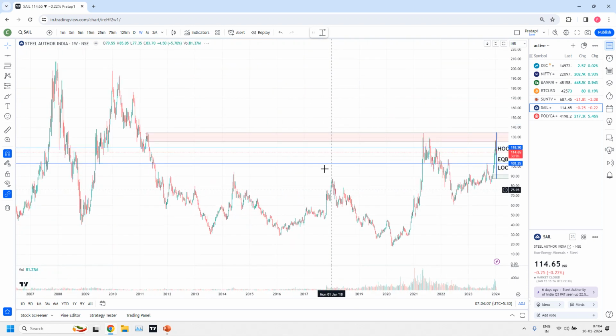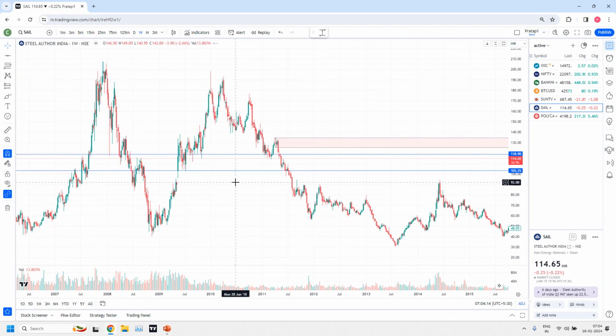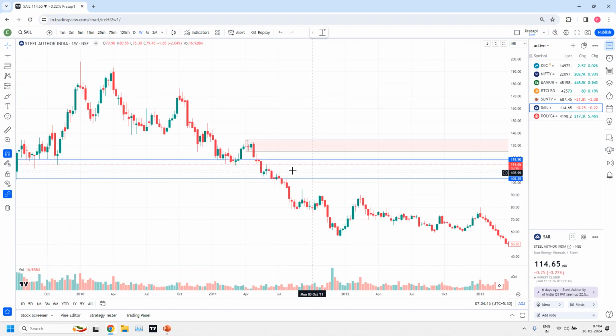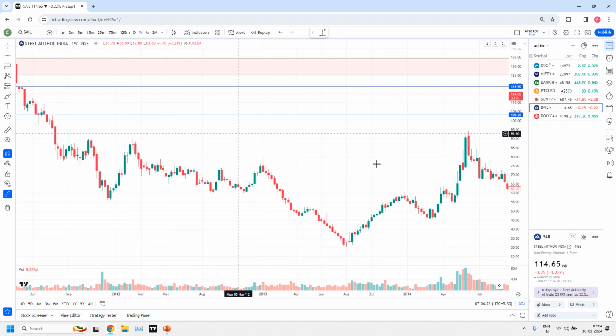And we have also drawn a weekly supply zone here, which we identified in the year 2011. We have a rally, 4 base candles and a drop candle.